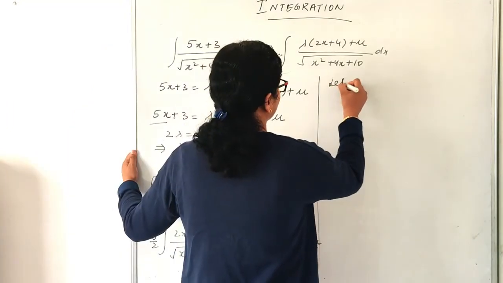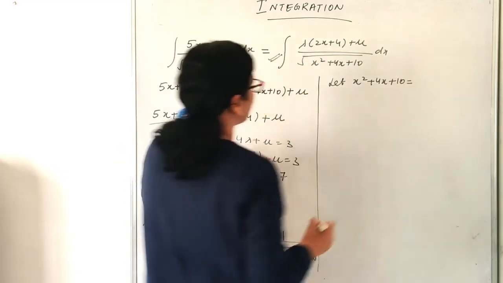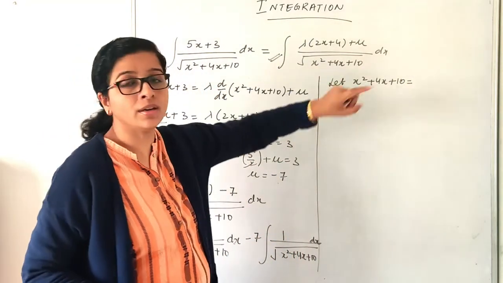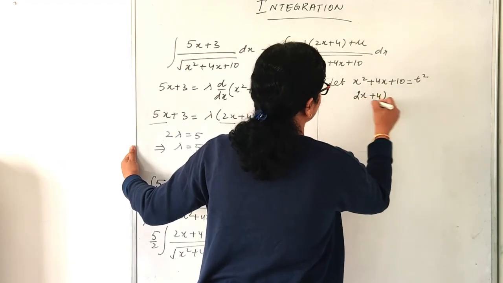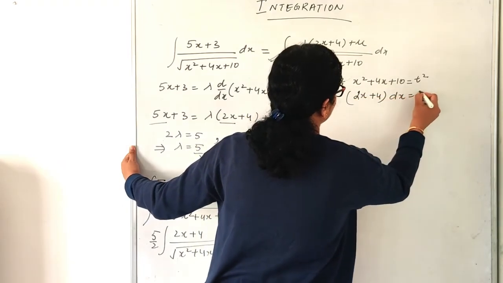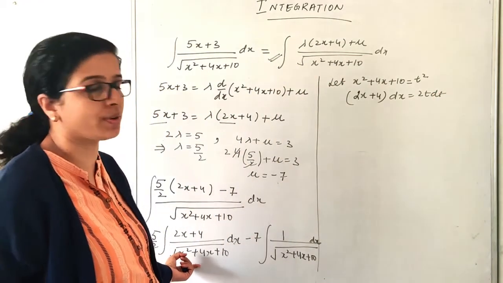So let x square plus 4x plus 10 equals to, I told you whenever we have a function in under root, we will take it as t square. So 2x plus 4 dx equals to 2t dt. Okay, for the first integral we are solving like that.